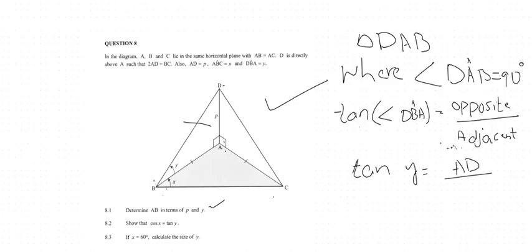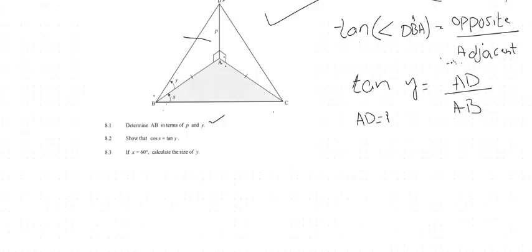P. I'm just putting the values in this equation. We get tan y equals P over AB. So what is the value of AB we got? AB equals P by tan y.